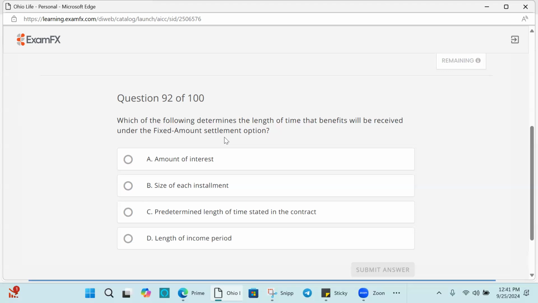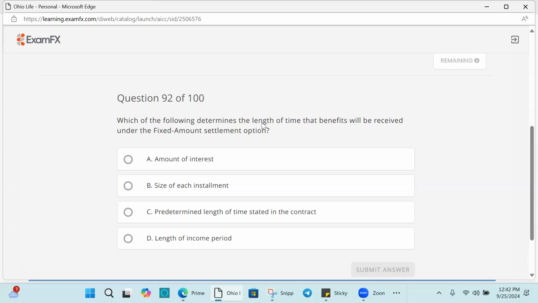So the question here, what determines the length of time I'm getting the money? Which of the following determines the length of time? Here we're going to tell them the amount. Let's go through the answers. Understanding the question was the biggest thing.